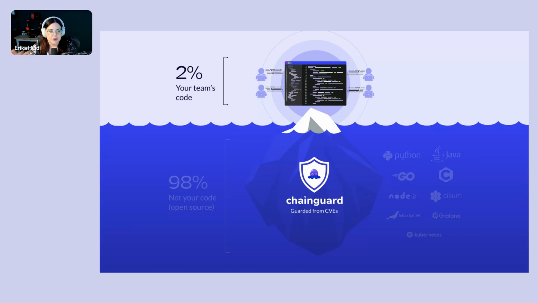You are depending on a lot of software, and 98% of what you deploy is not really your code. You didn't write that. Your team didn't write that. So you cannot vouch for everything that is there. Your code is like the tip of the iceberg, and then there's a lot more underneath.